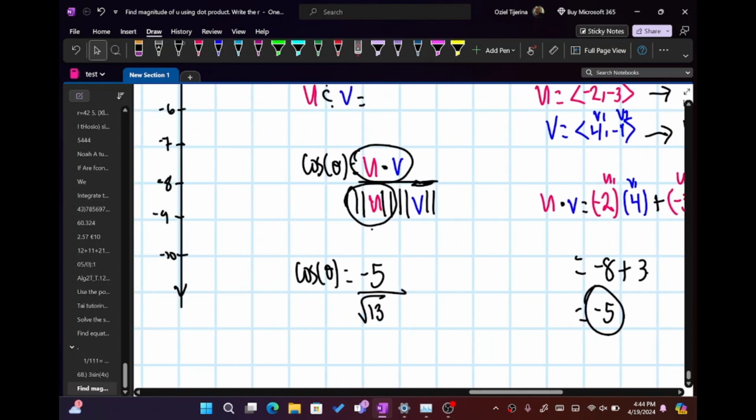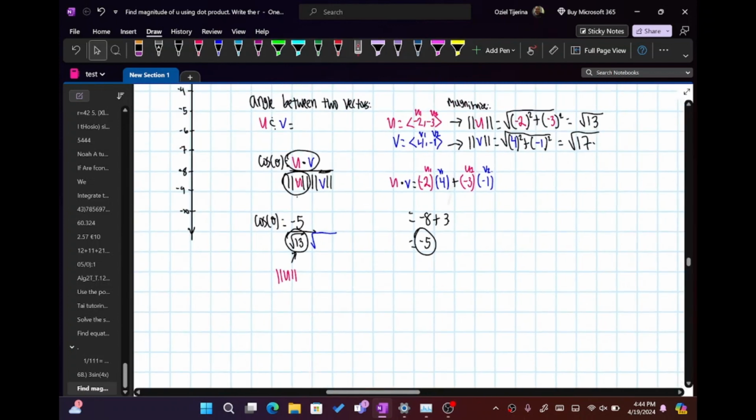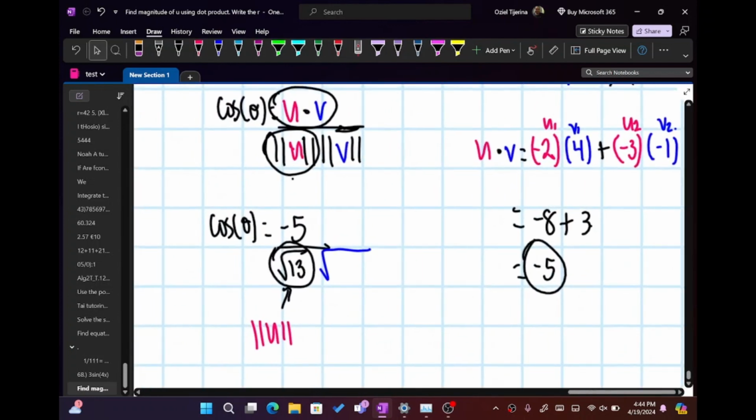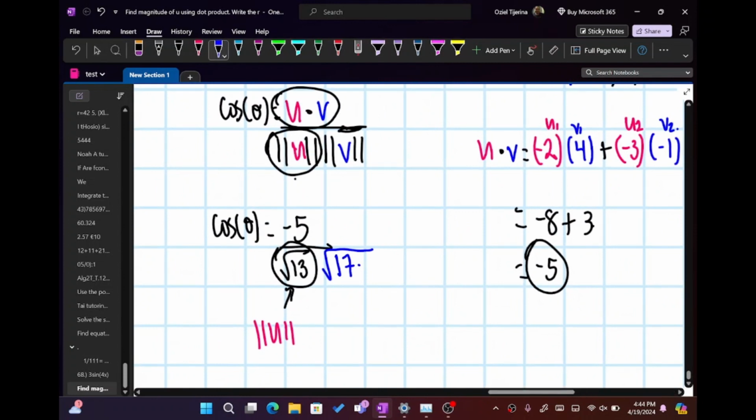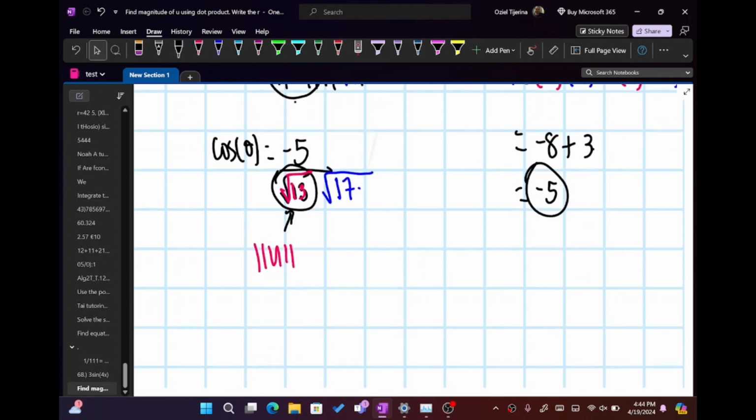So this would be the magnitude of u. I just want to be very clear, guys. This would be the magnitude of v, so this times the square root of 17. I just want to emphasize this. I'm sorry if I keep trying to be very clear.